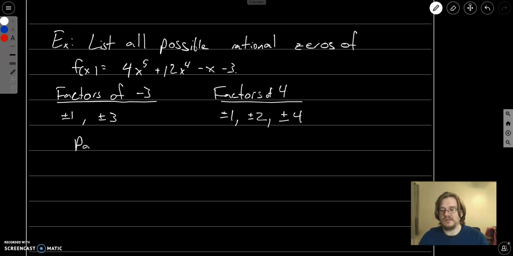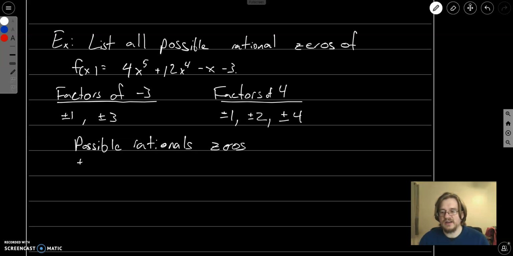So if we look at all of the possible rational zeros, we want to take the factors of the constant term and divide it by the factors of the first term.